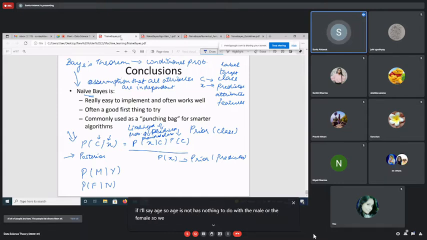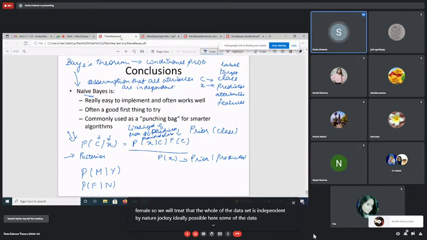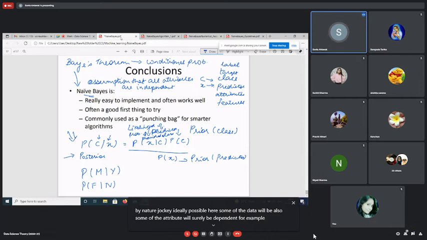So we'll treat the whole data set as independent by nature, जो कि ideally possible नहीं है. Some of the data, or some of the attributes, will surely be dependent. For example, can I say age is related to gender? No, ma'am. Age is not related to gender.